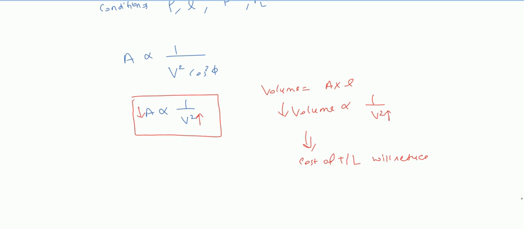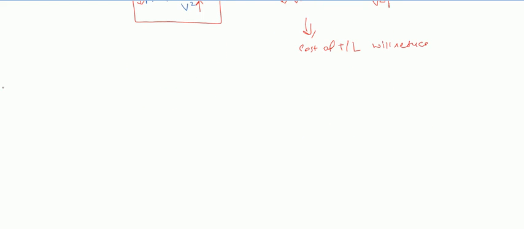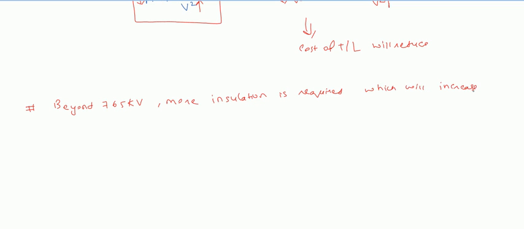But we don't go much above a certain value; the maximum voltage limit is 765 kV. Beyond 765 kV, there will be a requirement of more insulation, which will increase the cost, right? This is basically a limitation.